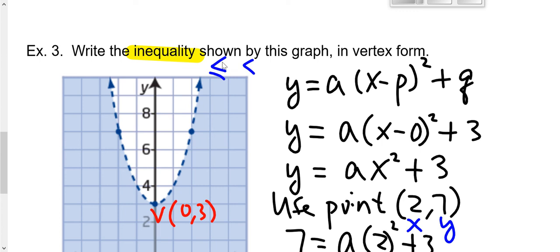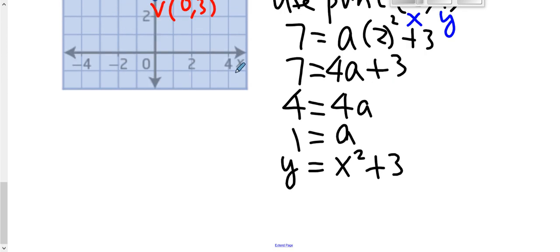Is it less than or equal to, or less than? Look at that, the dotted line. So that means it must be less than. Okay, so just rewrite that. So y is less than x squared plus 3. Done.